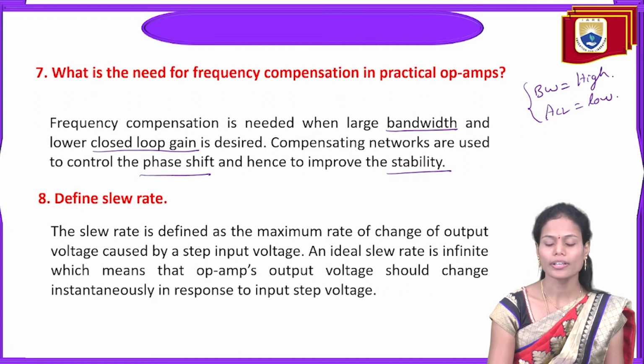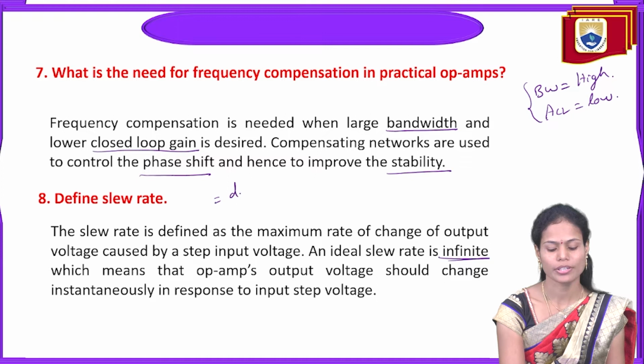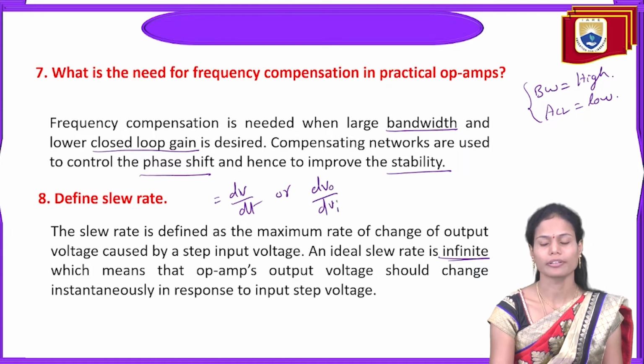In the ideal case, the value of slew rate is infinite. The op-amp's output voltage should change instantaneously in response to an input step voltage. But in the practical case, we may not reach an infinite value. So always we indicate it as dV by dt, or dV naught by dt.